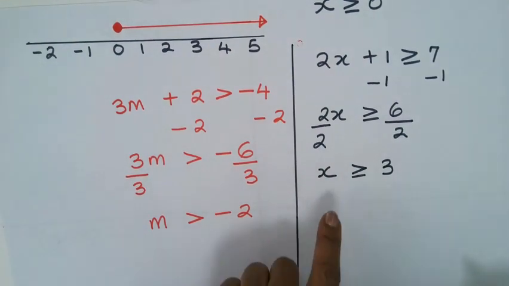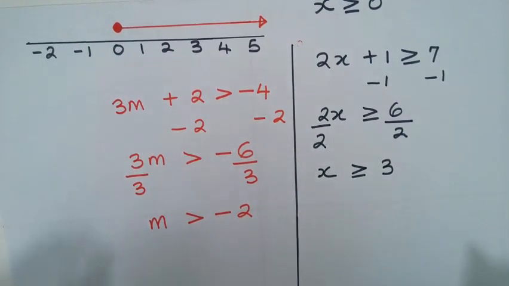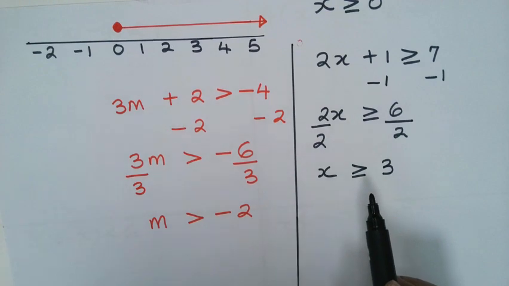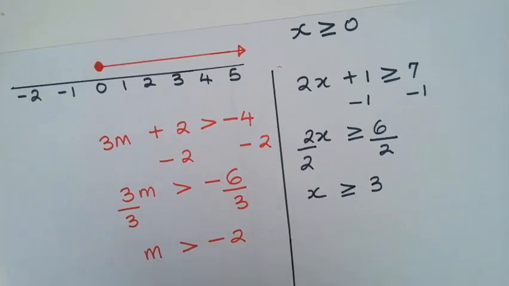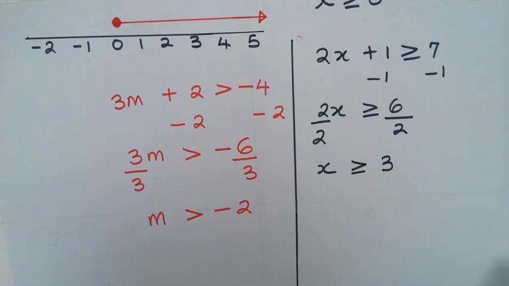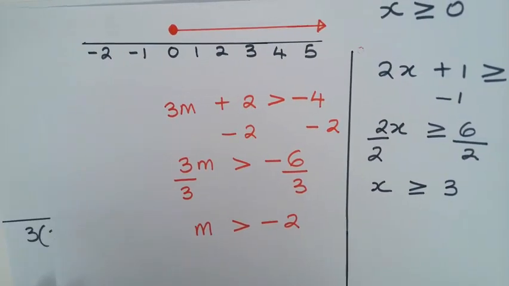So if you're asked to show this on the number line, you're going to know that we're dealing with the closed circle. Okay, so we're going to move on to do more examples so that you'll be able to understand this.